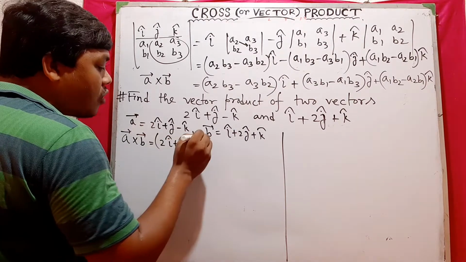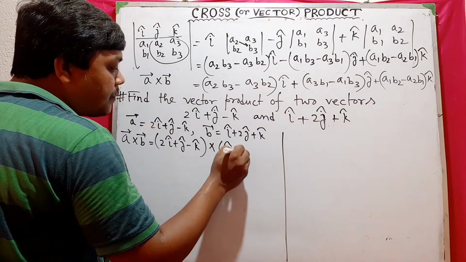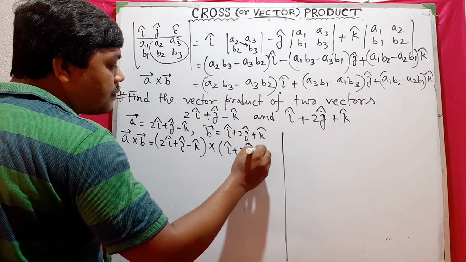2i cap plus j cap minus k cap cross I cap plus 2j cap plus k cap.